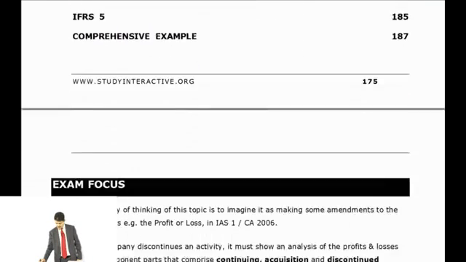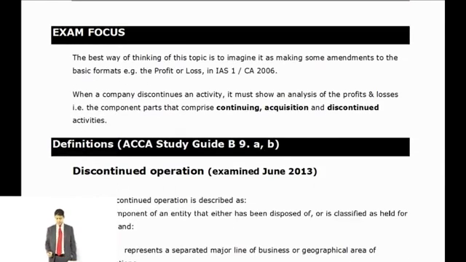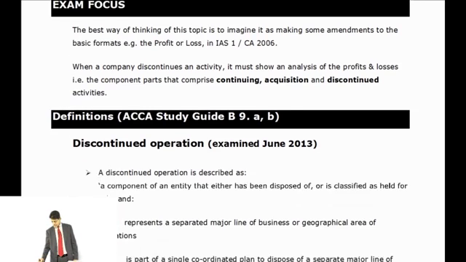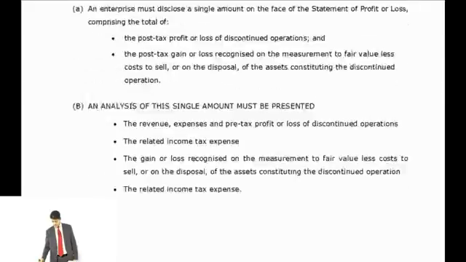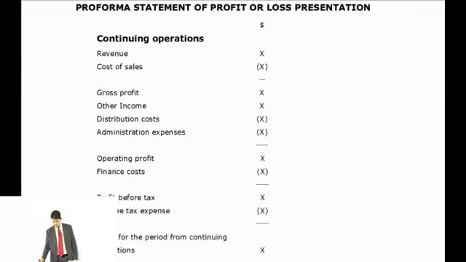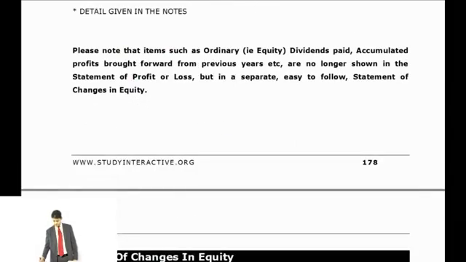Okay, so plenty there. Exam focus, something about discontinued operations, etc. Plenty there for you to read. If I can take you directly past a few pages to the bottom of page 178, items such as ordinary or equity dividends paid, accumulated profits brought forward from previous years are no longer shown in the statement of profit or loss, but in a separate, easy-to-follow statement of changes in equity.